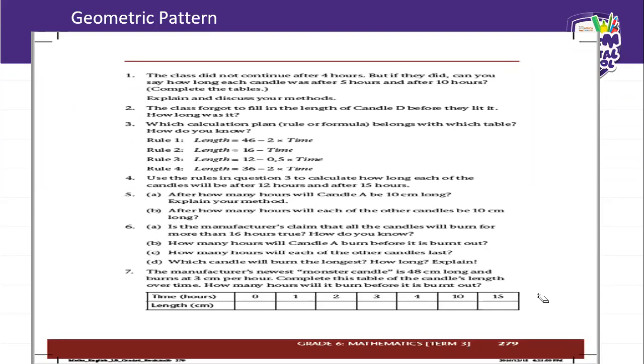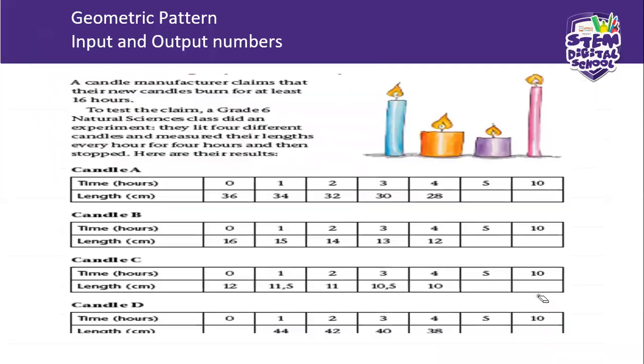Let me pop it up. So right now you have 2 minutes to look at after 5 hours, how long was A? How long was B? How long was C? How long was D? 10 hours, how long was D? How long was A? How long was B? How long was C? How long was D? And we are going to discuss method, guys.